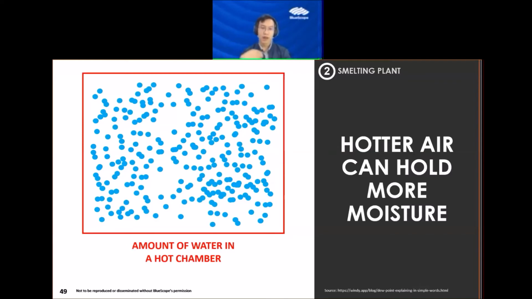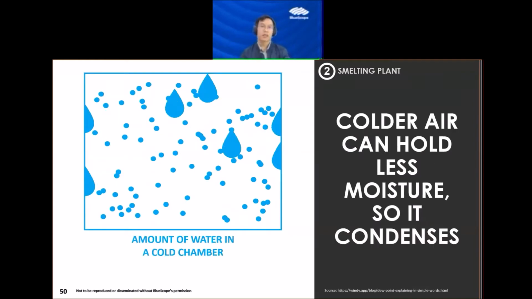But if you cool it down, the air itself will no longer be able to carry so much moisture. So this is where the air starts forming droplets so that it can release the moisture, and the air will be colder, right?